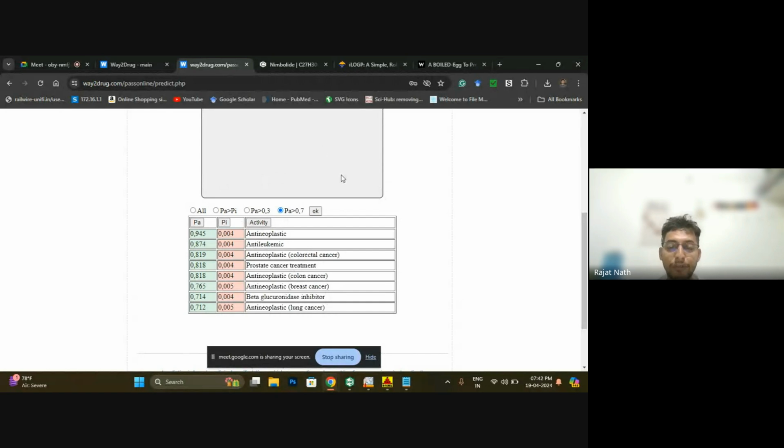If I found that this compound was not showing any anti-cancer activity, then I might not go for in vitro studies with it. So like that, you can get the chances for getting more accurate results in in vitro or animal model studies by in silico analysis.